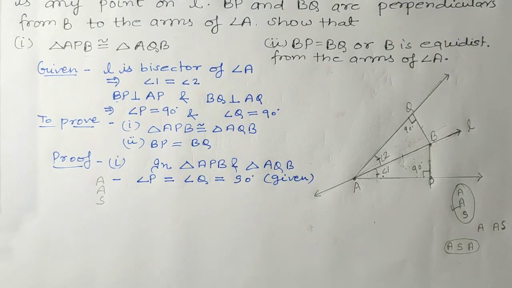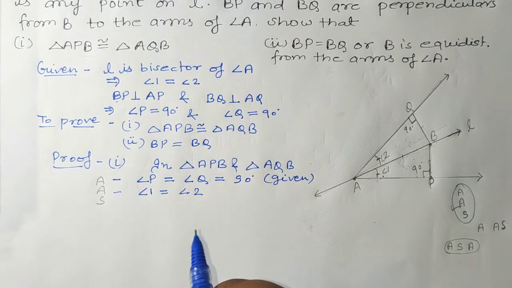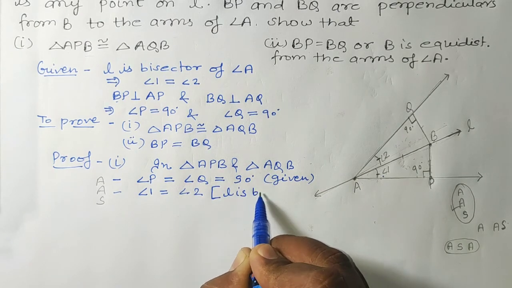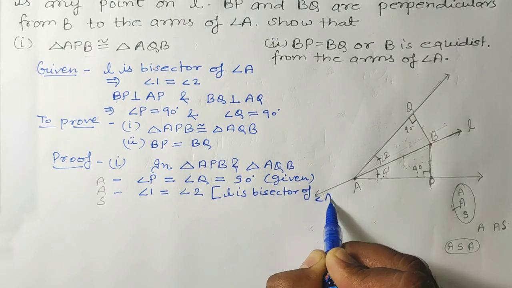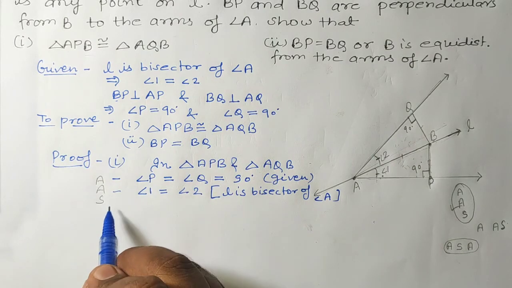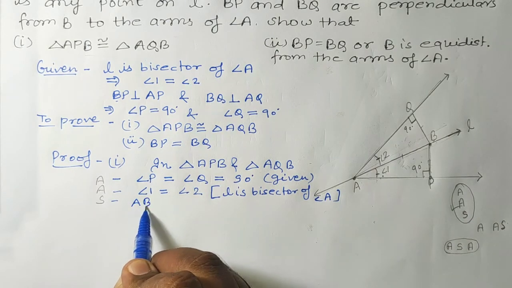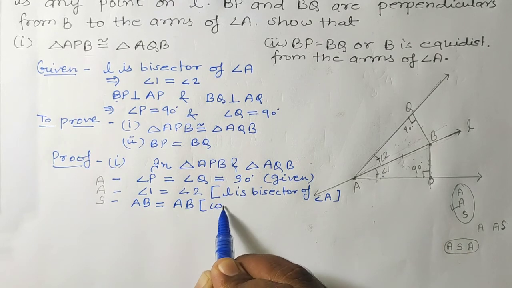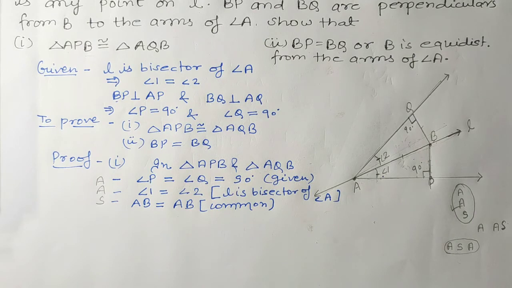It is given. The second angle is angle 1 is equal to angle 2. The reason is L is the bisector of angle A. The third one is side AB is equal to AB. It is common for both of the triangles.